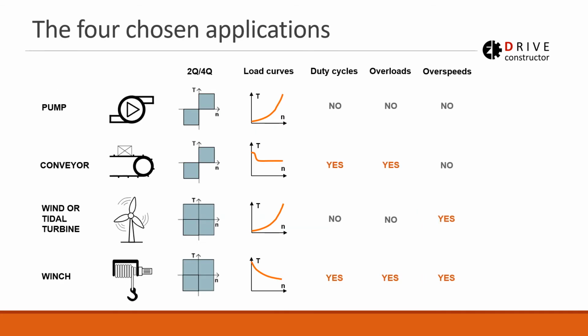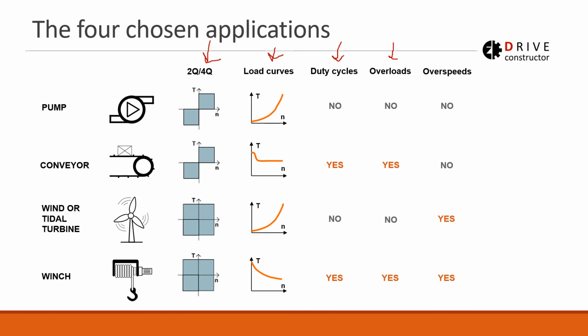After the previous part of the lecture, you are quite familiar with the load curves, and there are other things like we mentioned, 4 quadrants of the torque speed curve of the motor, and I hope if you work with DriveConstructor you will also learn about duty cycles, overloads, overspeeds. But overspeeds we touched slightly.